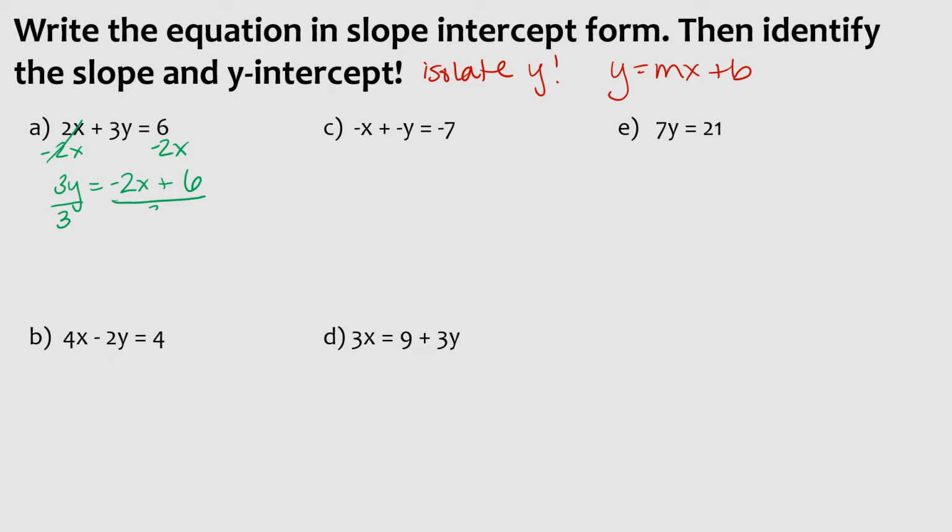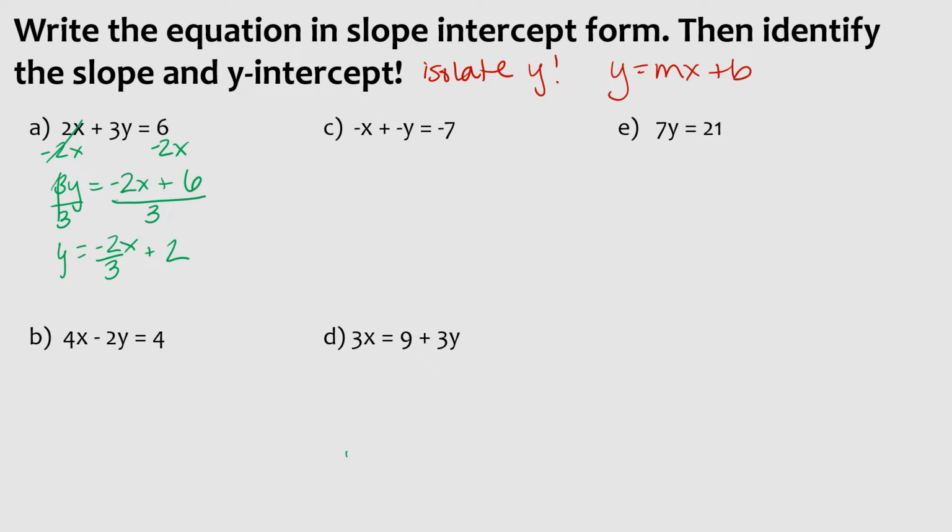So that's all of this divided by 3. So that goes away, and I have y equals, and then I can split this 3 up into both things, right? So -2x over 3, that's not really divisible, but 6 divided by 3, sure, that's just 2.